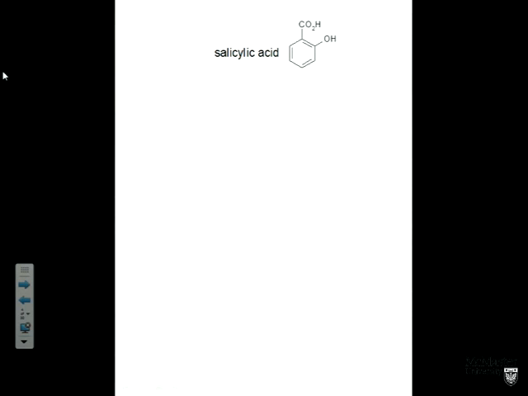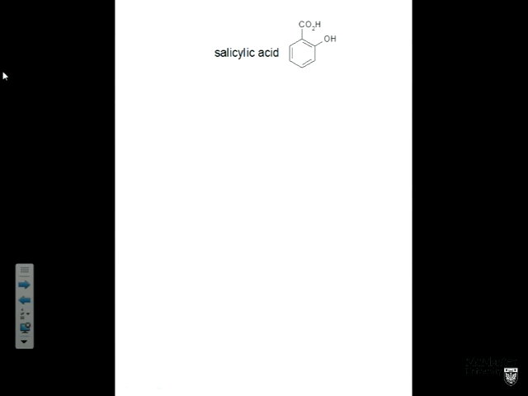So there's the structure of salicylic acid. It has this aromatic ring, this benzene ring. Okay, there's one of the functional groups that we met. There's an OH group that looks like an alcohol. In fact, this is a special type of alcohol. It's a phenol when the OH is attached to a benzene ring. And in 2OB3, you'll look at those types of compounds and study their reactivity.